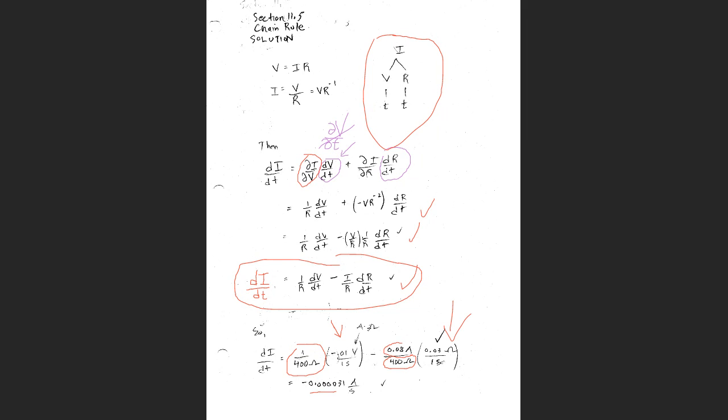And I make a note here. You might be wondering, in terms of units, the ohms cancel or simplify out there, giving me amperes over seconds. Here, the voltage is equal in terms of units.